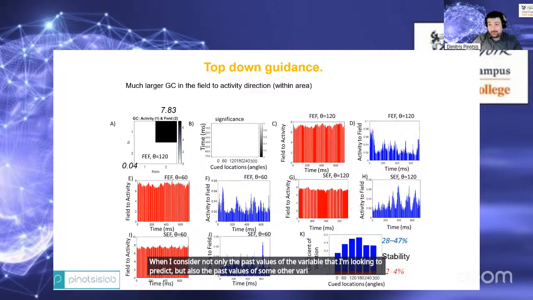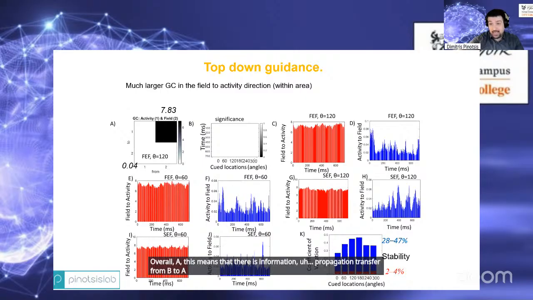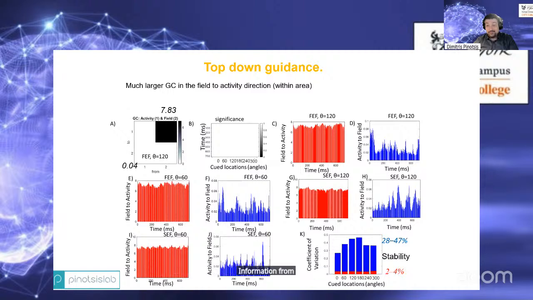And if this other variable, let's say variable B, also helps predict the future of variable A, this means that there is an information transfer from B to A. So B affects A in the future.